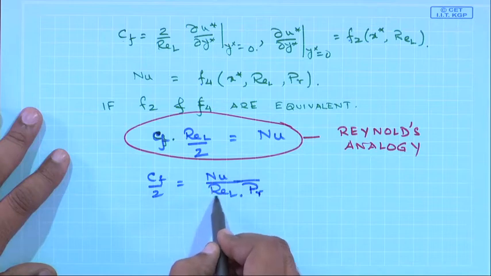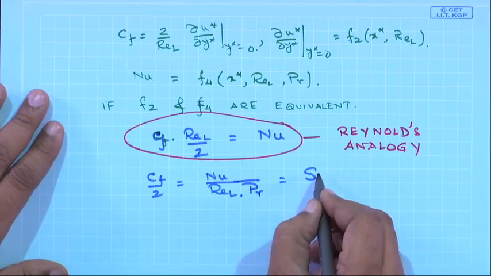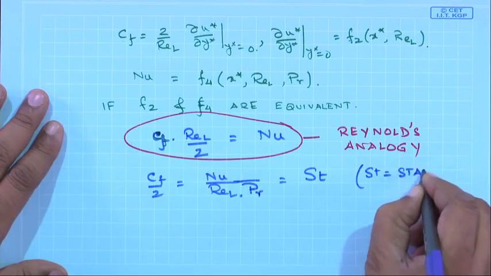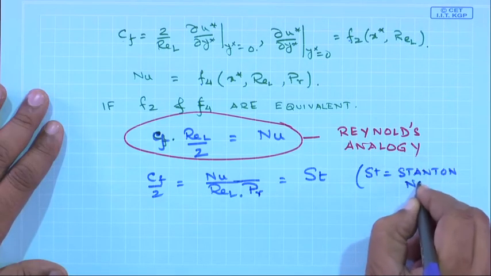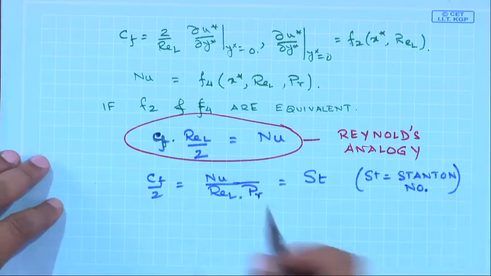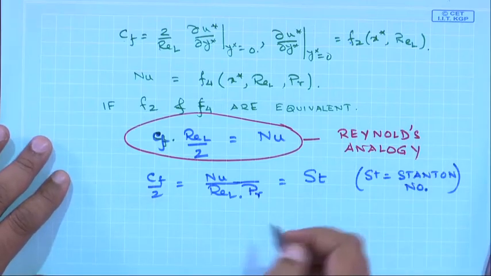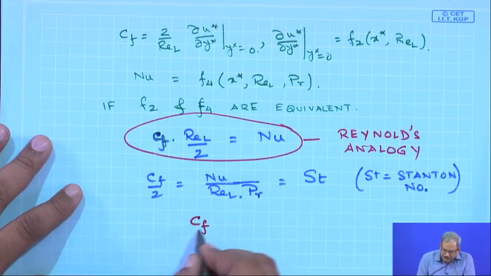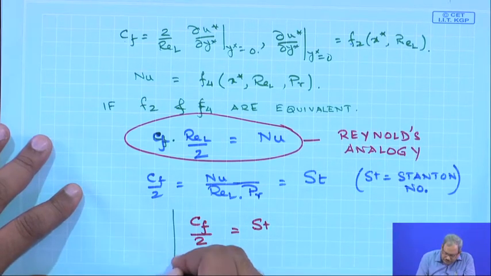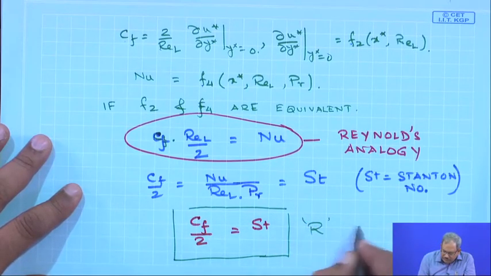So, this Nusselt by Reynolds into Prandtl has a special name, which is called Stanton number. So, I can introduce Stanton number since the value of Prandtl number is equal to 1. So, the more general form of Reynolds analogy is Cf by 2 is equal to Stanton number. This is the commonly used form of Reynolds analogy.